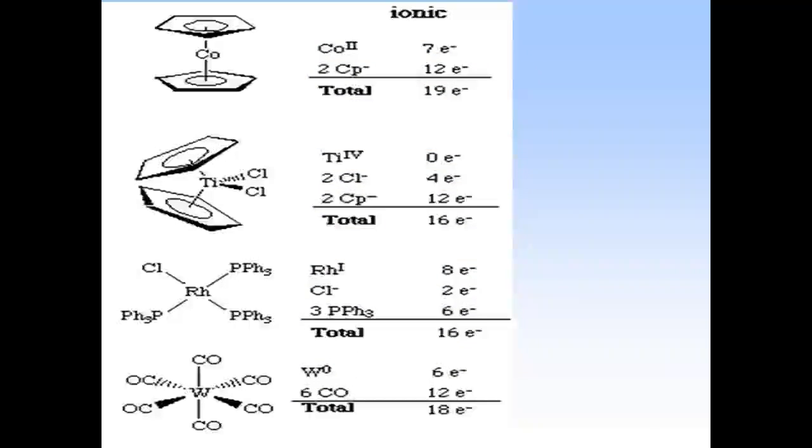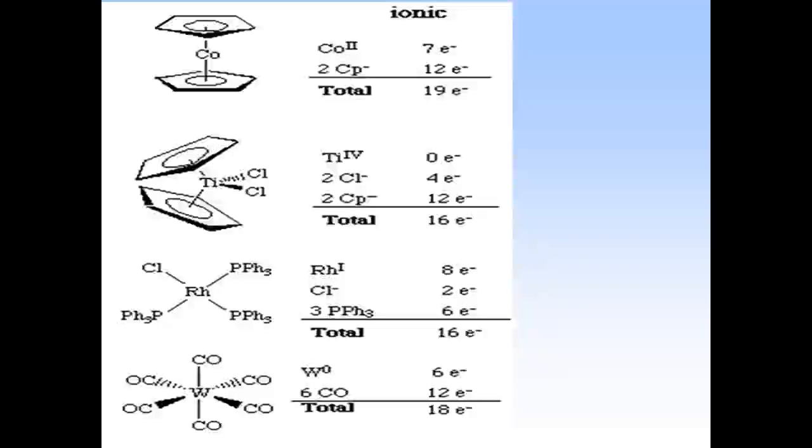Now we are going to see some slightly more complicated examples. The first one is cobaltocene, similar to ferrocene. Then a titanium compound, a rhodium compound, and a tungsten compound. We are going to calculate the 18 electron rule based on the oxidation state method. Here is the calculation.